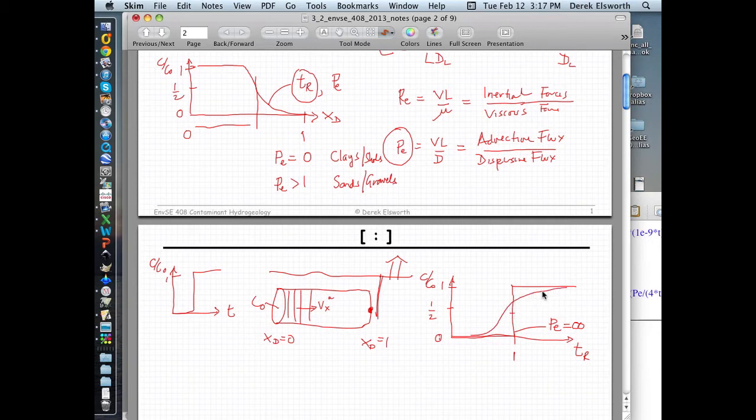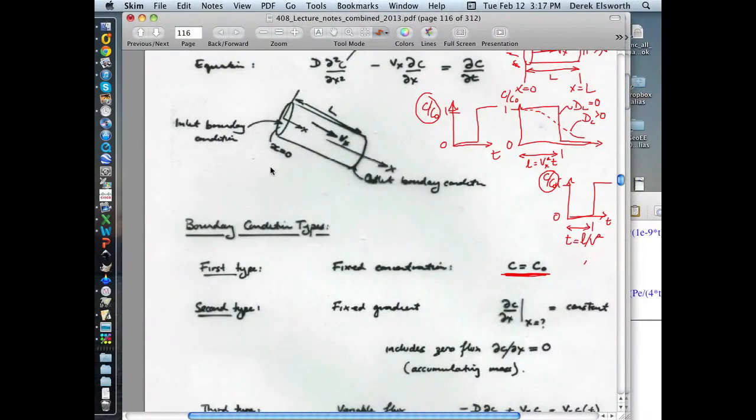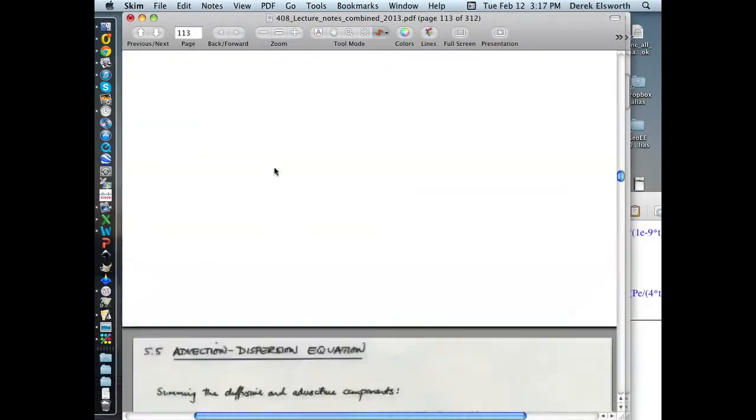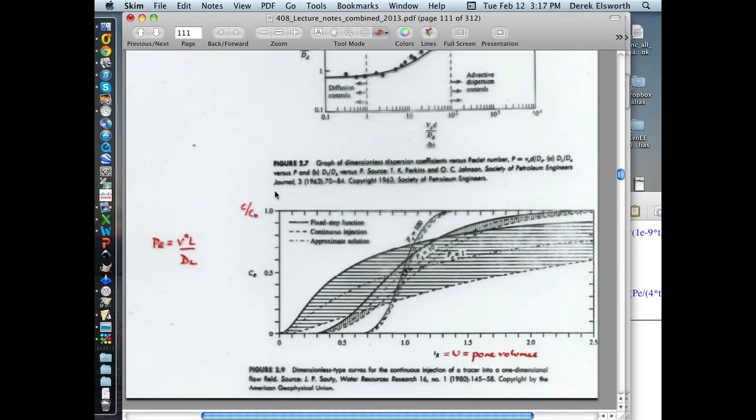It'll miss this point, so I'm going to go back so you can see this. This is this figure here, out of Fetter, you can go back to get this. You perhaps can't see this very well.